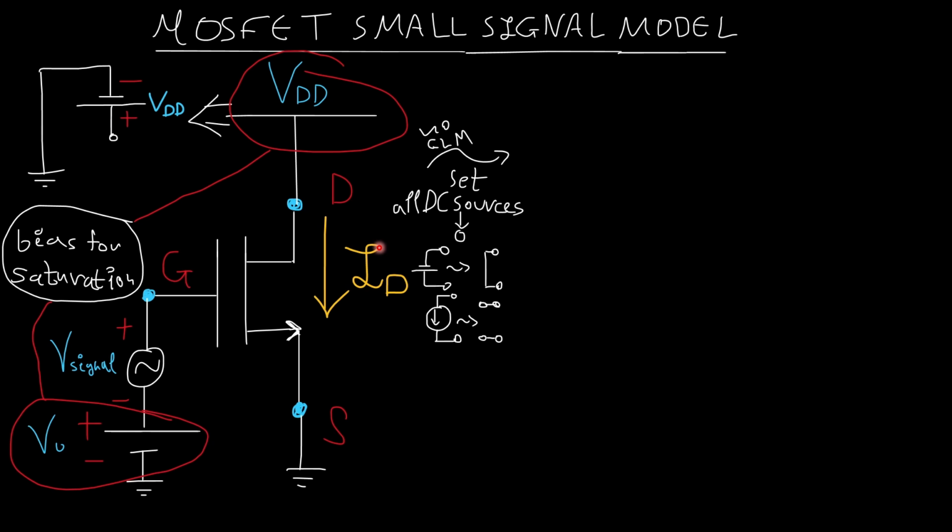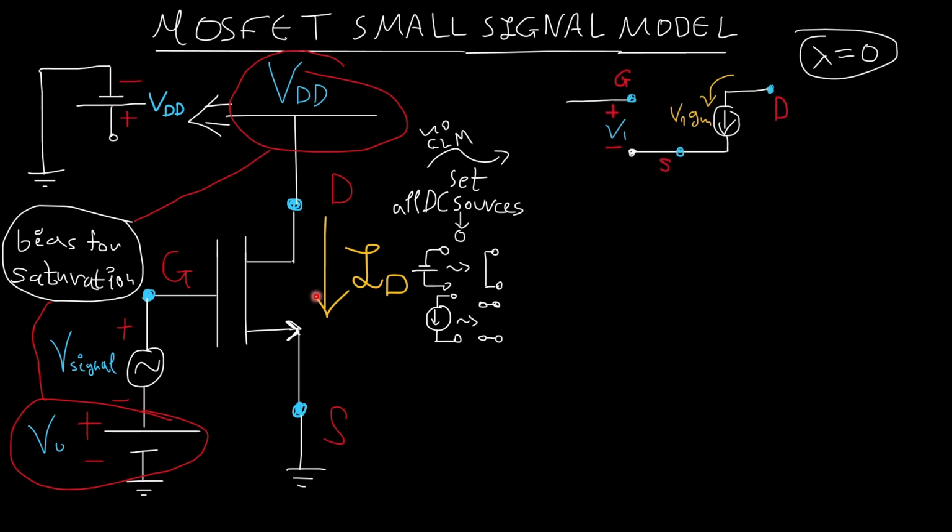So if I don't have a channel length modulation effect in my device, I will draw this very strange looking circuit. The gate and the source will have no direct connection. I remember there is a capacitance here and no direct connection. There is a voltage difference between the gate and the source, VGS or V1. I write it V1 just so I don't get confused.